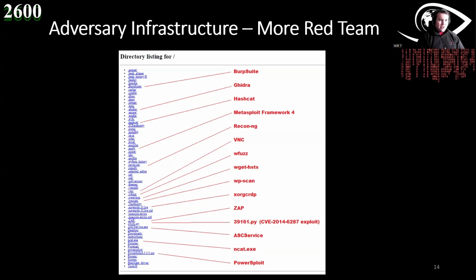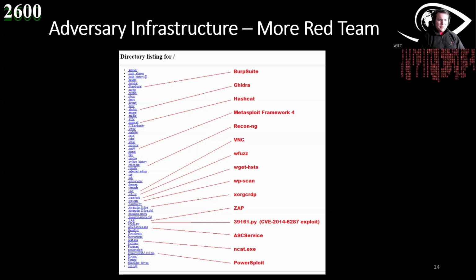Ghidra is a kind of a debugger and disassembler, and you can reverse engineer software and things like that. And Hashcat is more of a password cracking tool. So you wouldn't really deploy those on a target system. You're more likely to download things from a target system and then work on them offline or on another network, on your own network as an attacker.